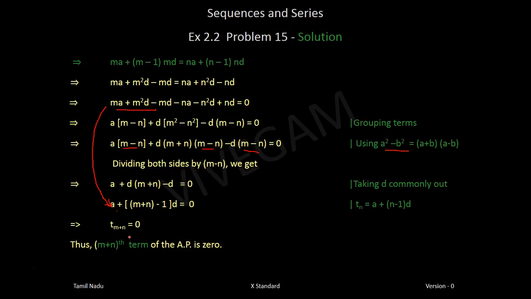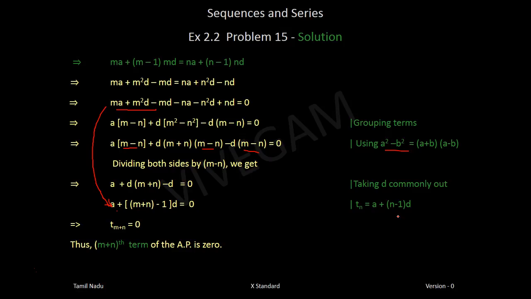So it is more of a simplification exercise. The key is to take A as the first term and D as the common difference, and write the expressions for Tm and Tn using the normal formula Tn equal to A plus N minus 1 into D. Then multiply Tm with M and Tn with N, equate them, and expand.